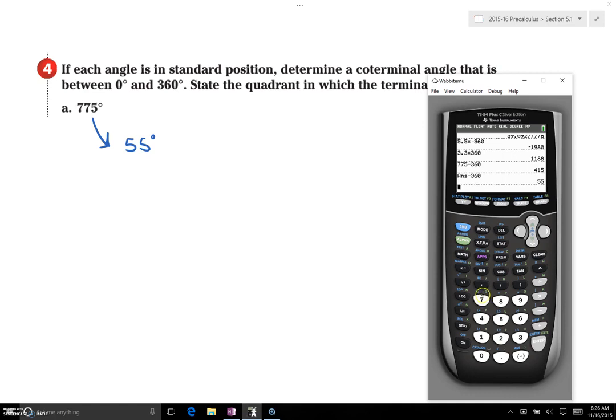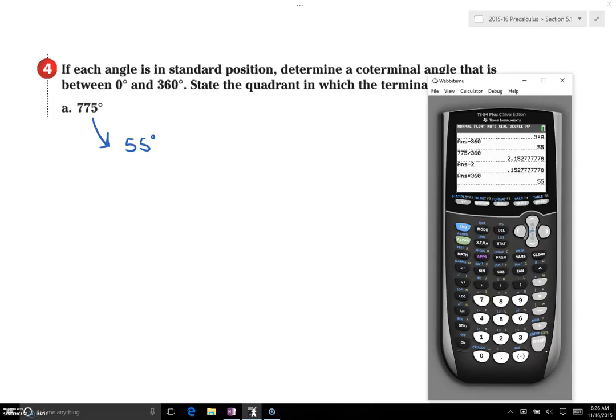Another way that we could have solved this problem is to take 775 and divide by 360. And again, that number 2 there represents there were 2 complete revolutions, just like we found in the previous method where we had to subtract twice. What's left over, that decimal, is the portion that our coterminal angle is.